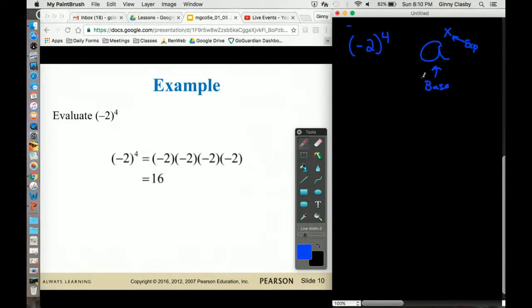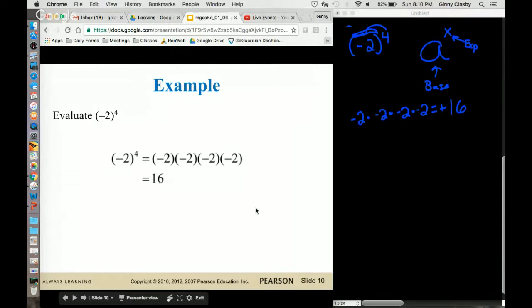Now, the parentheses really matter with an exponent, because the parentheses tell you what the base is. So in this situation, your base is this entire set of parentheses, which means you're doing a -2 times a -2 times a -2 times a -2. Because you have an even number of negative signs, it's going to be positive 16, all right?